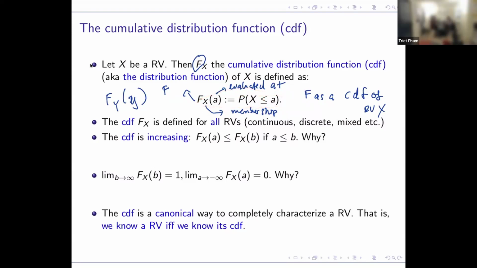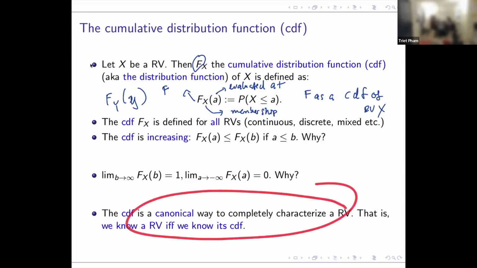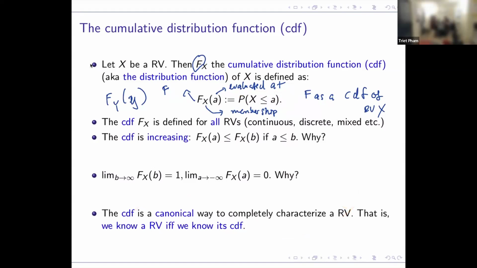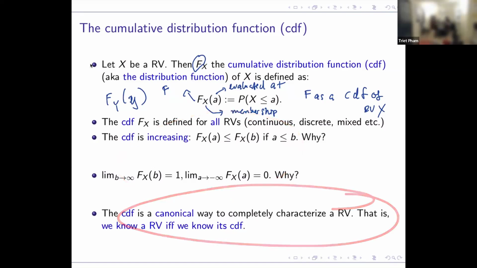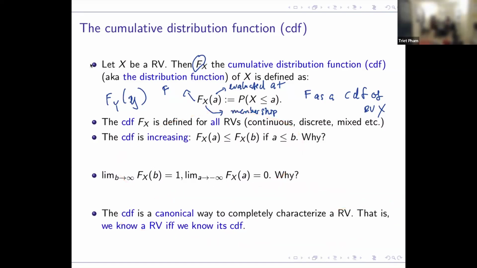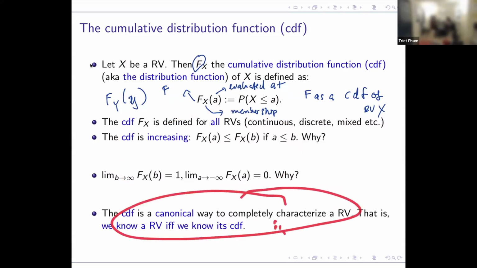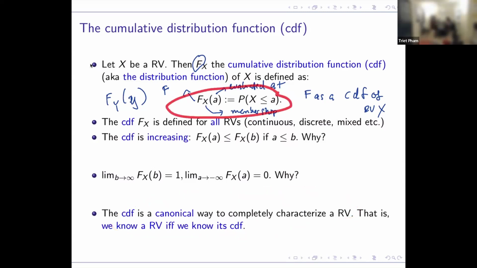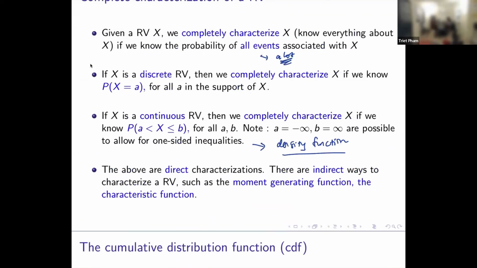And again, if you know the CDF, then you know the random variable itself. We'll have an example to describe this. But first, let's explain why this is true, to at least convince you that the CDF is relevant. This statement only makes sense if somehow the CDF allows you to recover the information above, correct?